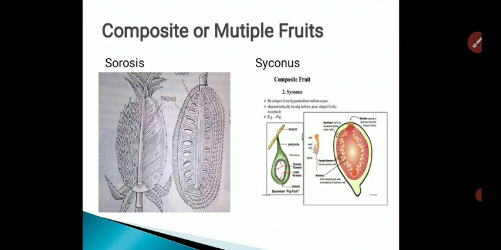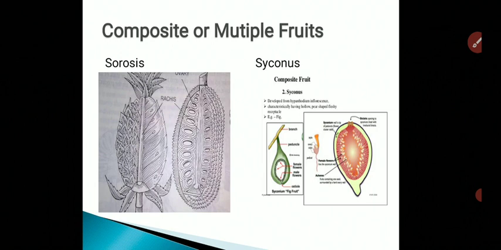As we have already discussed, when the whole inflorescence, many flowers on a peduncle, together are responsible for the formation of a single fruit, such a fruit is called a composite fruit. These fruits consist of many ripened ovaries, thalamus, inflorescence axis, bract and perianth together. As this fruit develops from many flowers, it is known as multiple fruit.